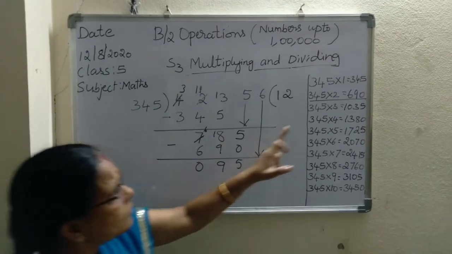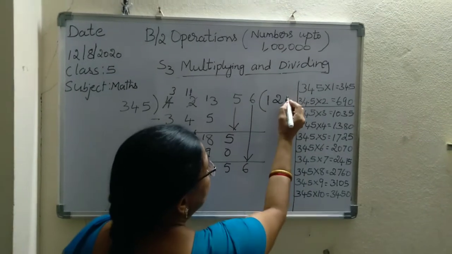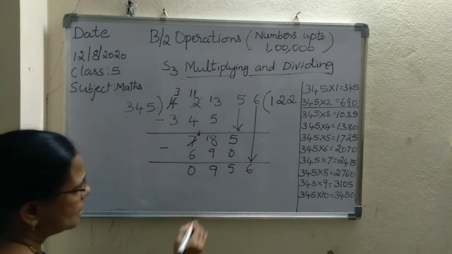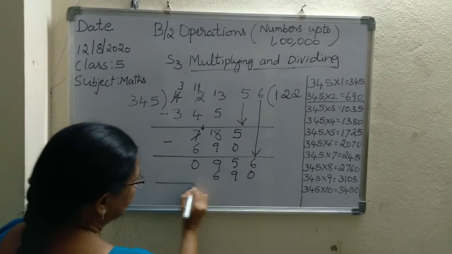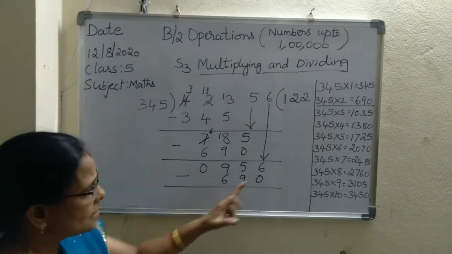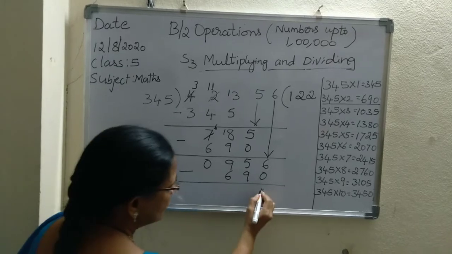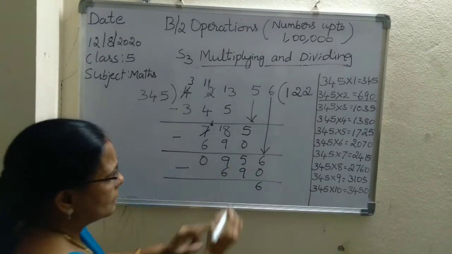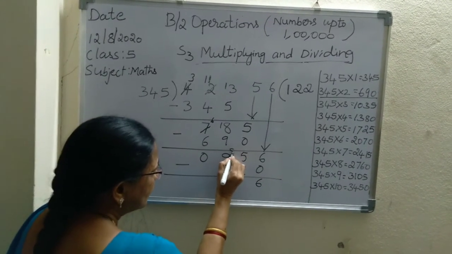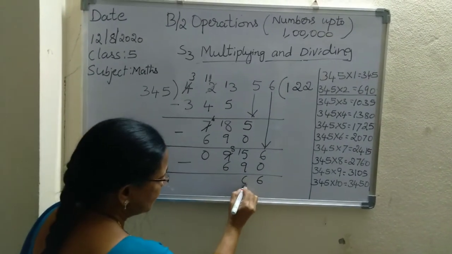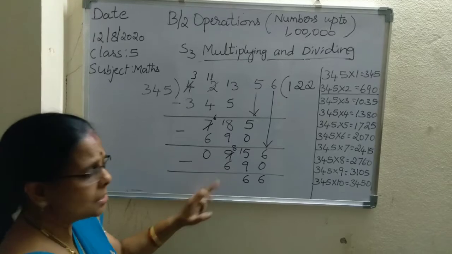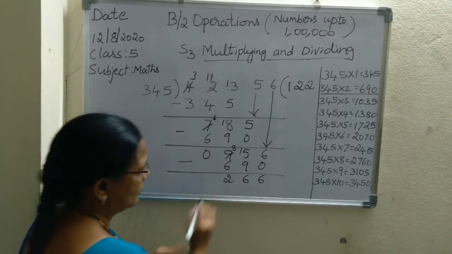Again we have to take 345 twos, which is 690. Minus. 6 minus 0 is 6. Take borrow from 8. 15 minus 9 is 6. 8 minus 6 is 2.